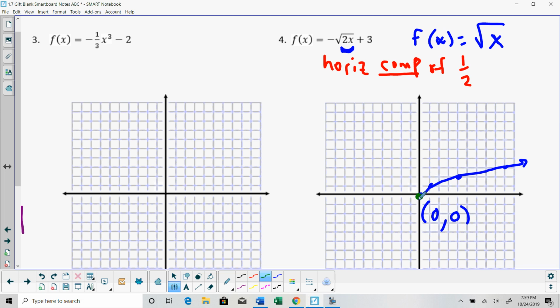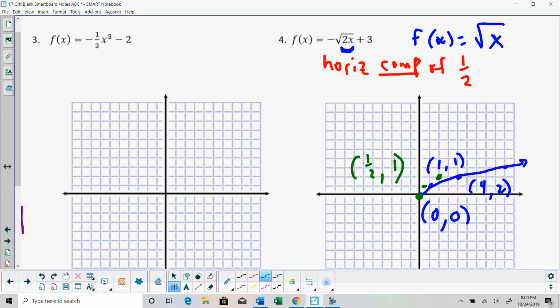Then I've got to take the ordered pair 1, 1 and multiply the x coordinate by 1/2. So that's going to give me 1/2 comma 1, which is right there. And then instead of 4, 2, which was on the original, I'm going to multiply that x by 1/2, so that's going to be 2, 2, that's right there.